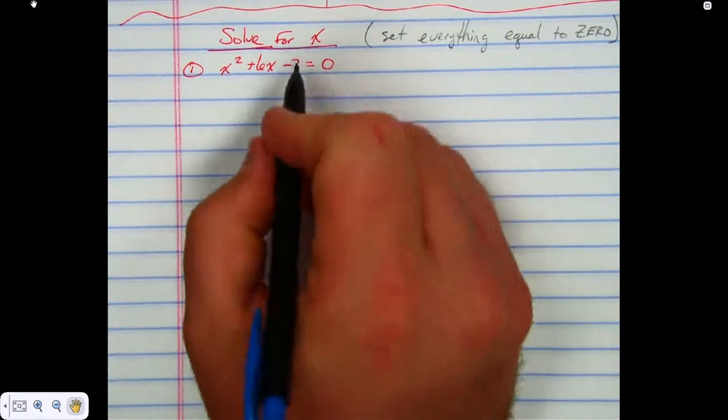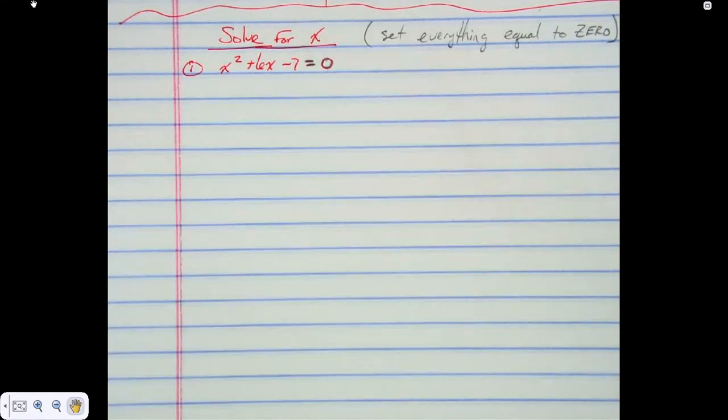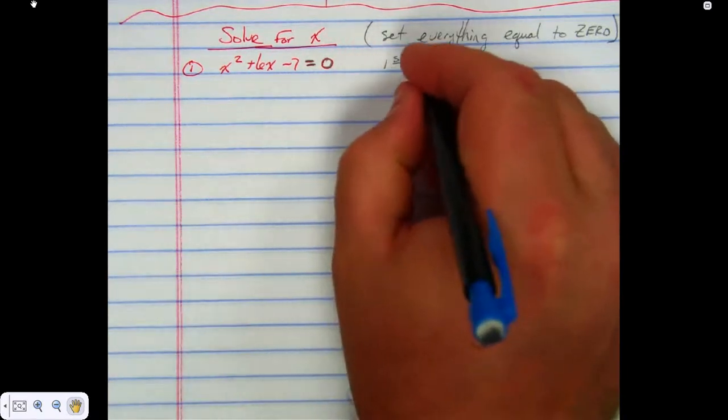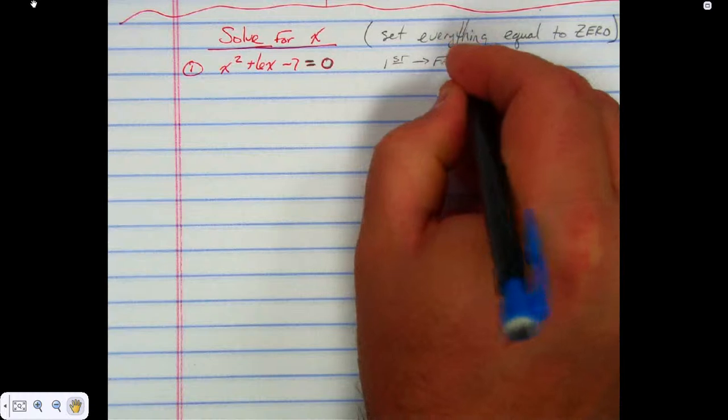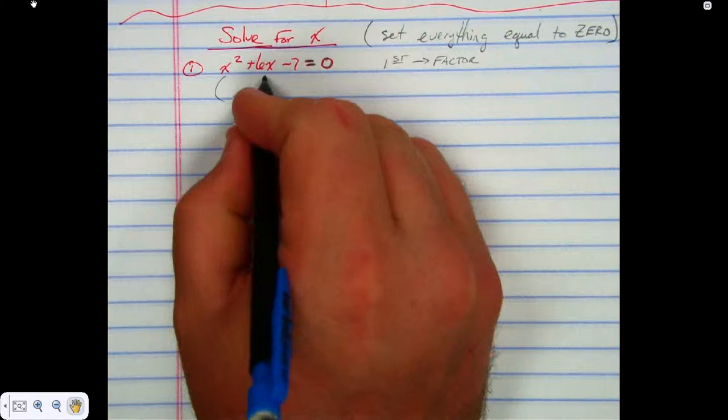Is everything set equal to 0? Is everything on one side and then equal to 0? Yes, it is. So the first thing we're going to do is factor. Is this not the same problem I just did?